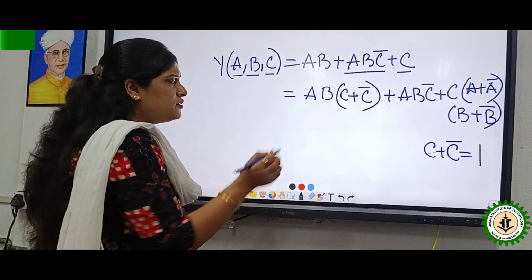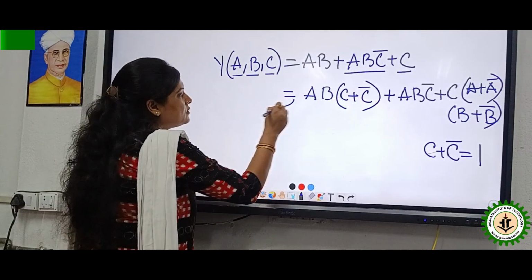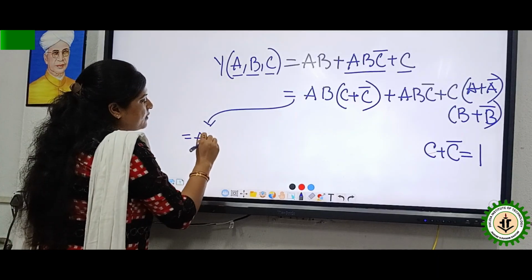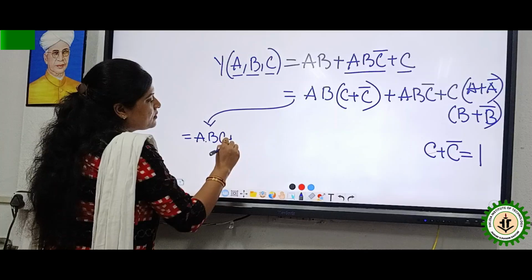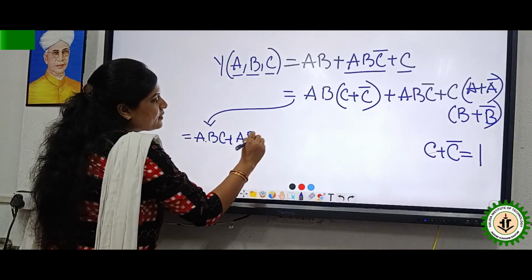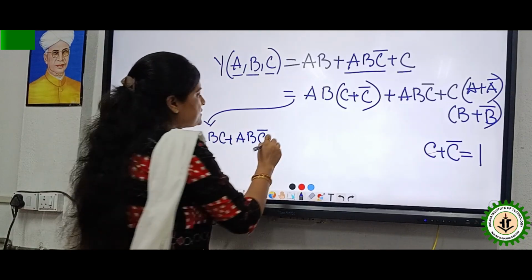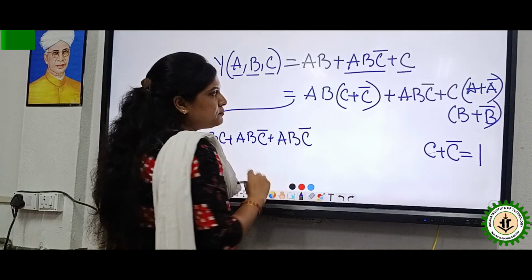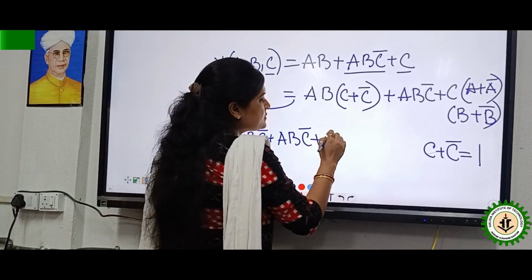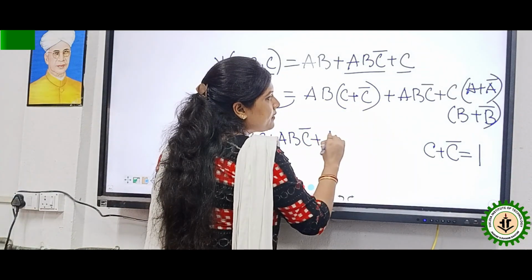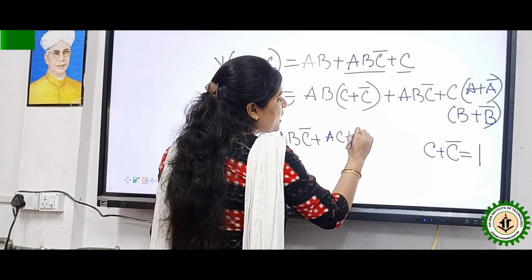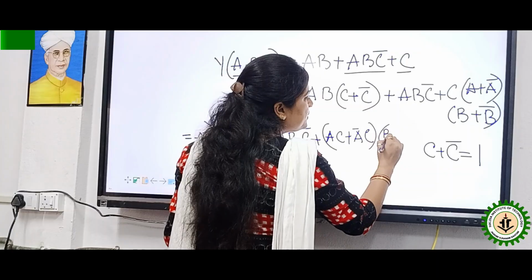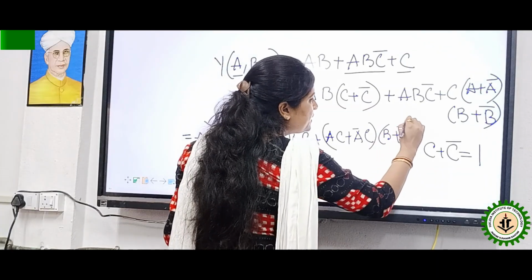Now what is the final expression? A, B, C plus A, B, C complement plus A, B, C complement plus A, C plus A complement C, then B plus B complement.